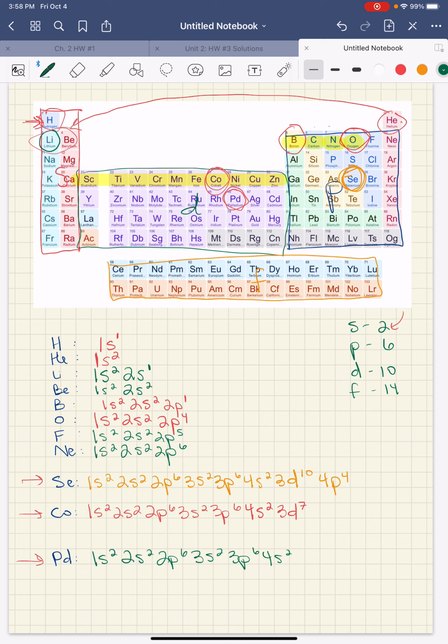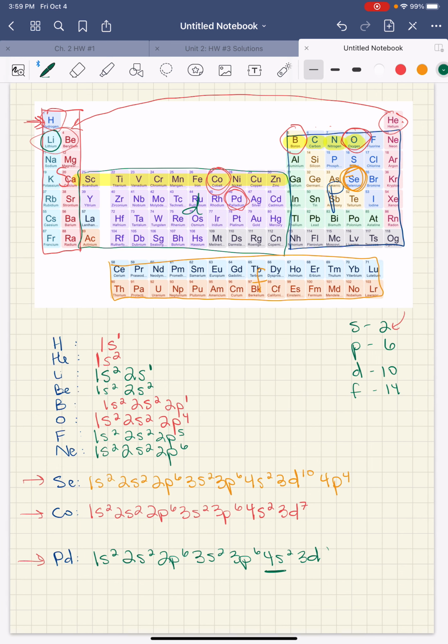And up until 4s2, everything has been what we expect for the order. S and P, and then S and P. Remember, after 4s2, we come here to 3d. So 3d, and we have to go all the way to the end of this row and then keep going because palladium is right here. Okay, so that's going to be 3d10.